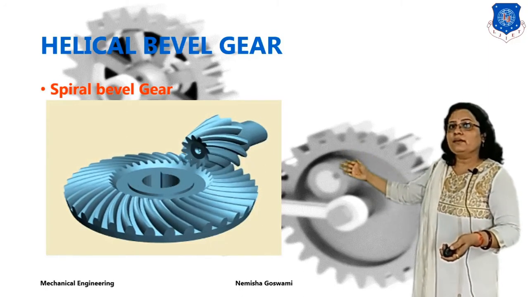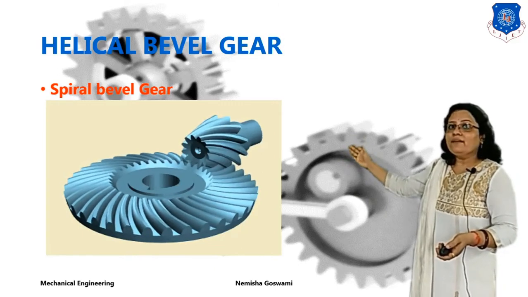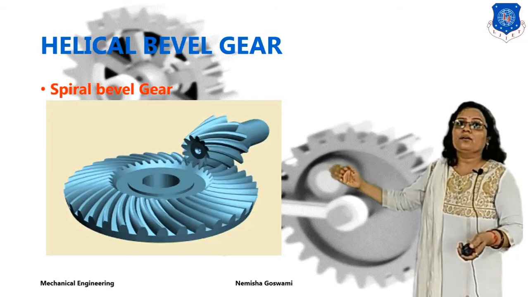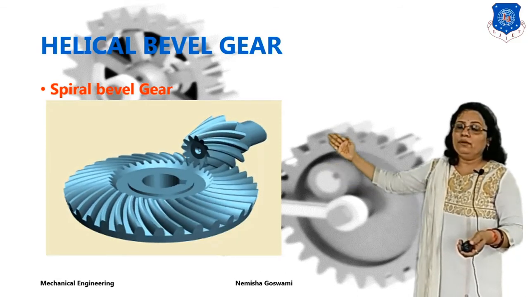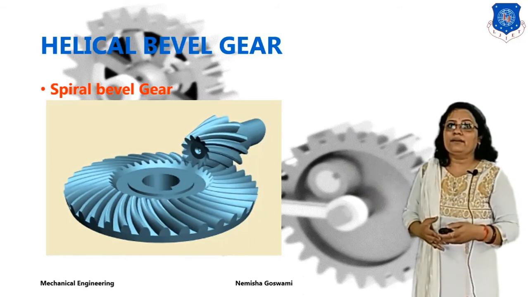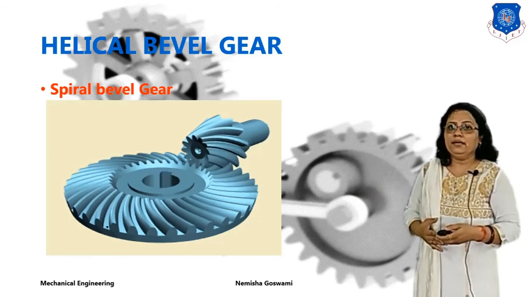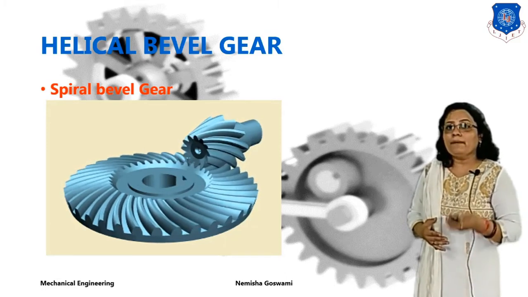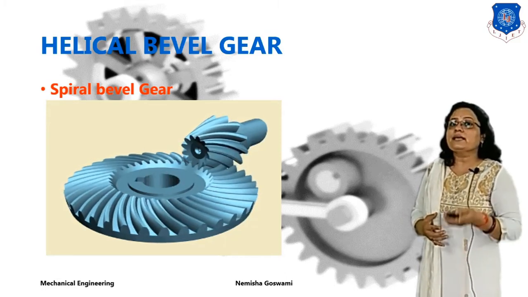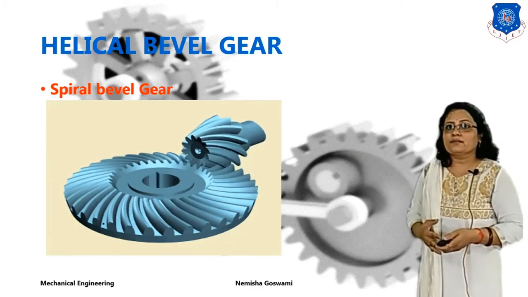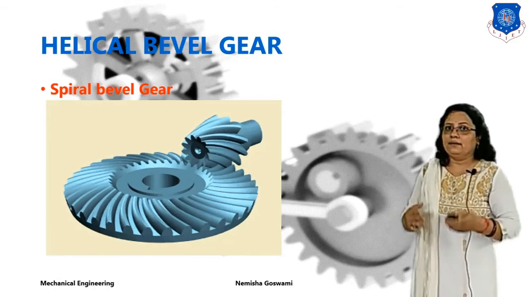In this type of gear you can see here, shaft axis is intersecting with each other, but teeth are not parallel with respect to your shaft axis. So this is the main difference between your straight bevel gear and spiral bevel gear, right? So when teeth are not parallel to your shaft axis and shaft axis is intersecting with each other, these type of gears are known as your helical gear.